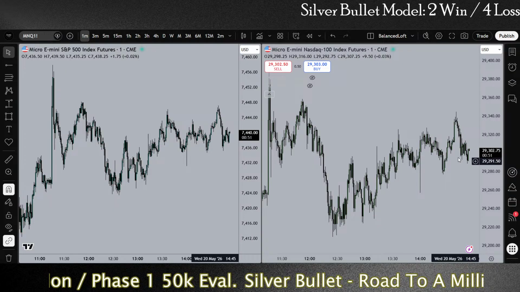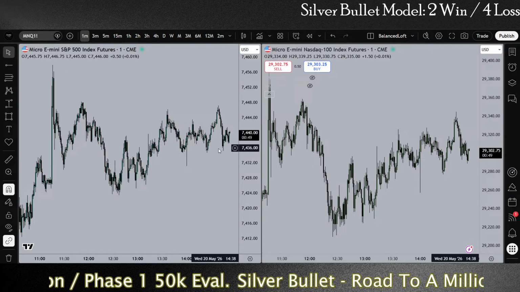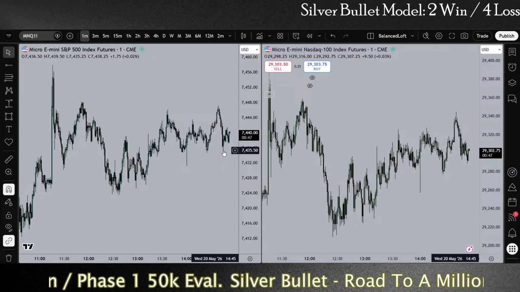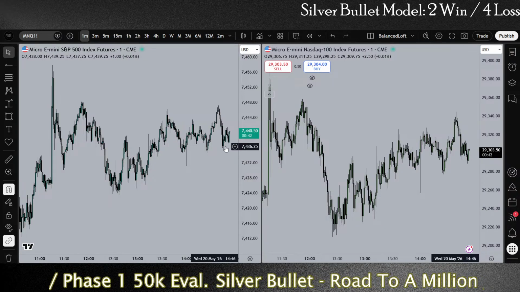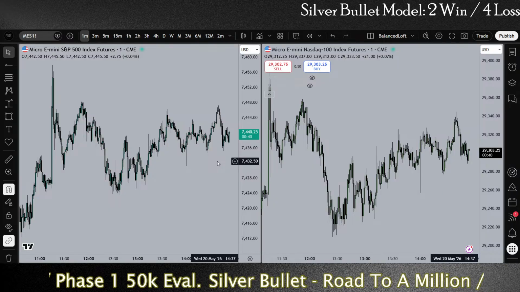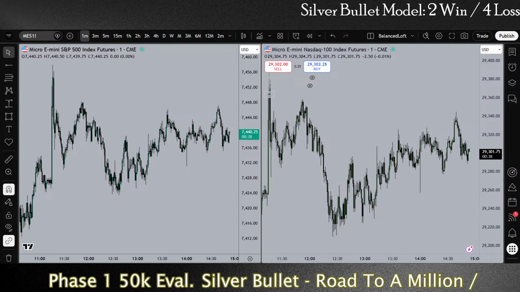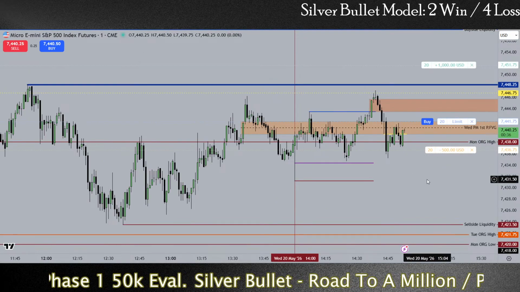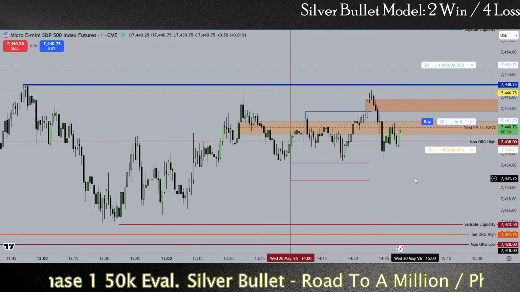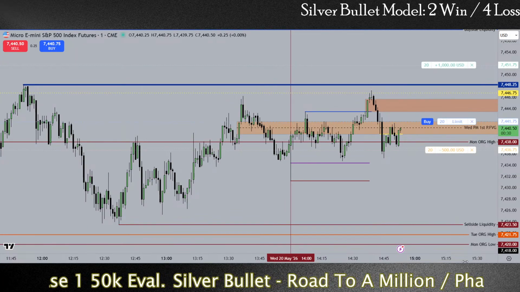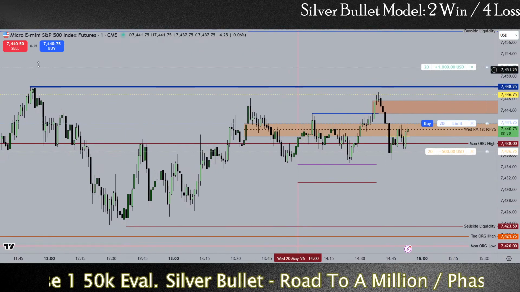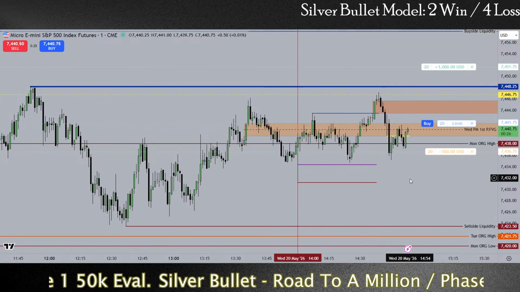We have SMT on the lows between Nasdaq and ES. ES made a higher low, Nasdaq made a lower low in here on the small basis. Just interesting to know, right? And it's macro time also, and there's loaded buy side liquidity above us.